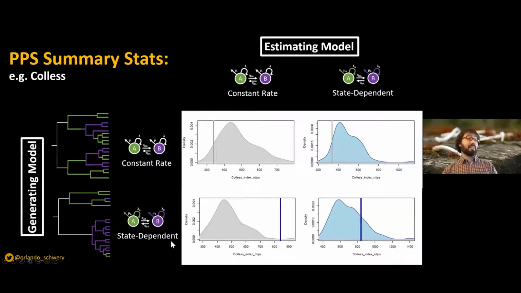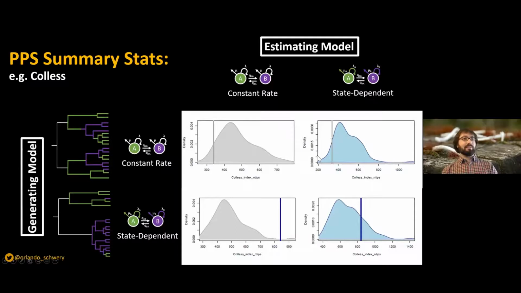So if we look at this example here, where we have a constant rate tree and a state dependent tree, we ran the model adequacy test on both of them. This is the example of one summary statistic, and we can see, oh, okay, the constant rate tree is here. This is the distribution of the simulated constant rate trees, and it falls within it. So it's adequate.